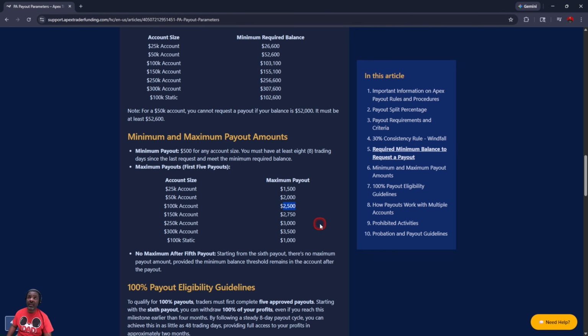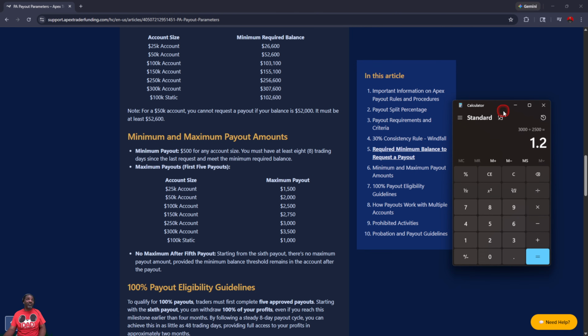Now, the reason why I tell people to go for the lowest one is because you can get to your $1,500 payout quicker without needing to push really hard, right?